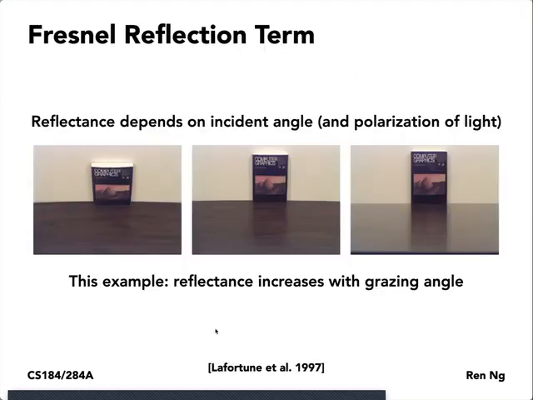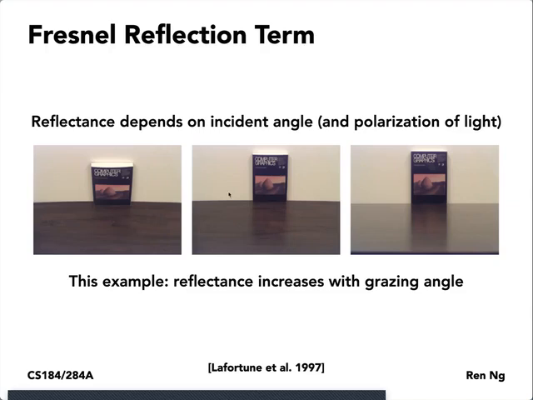Okay, I want to talk about the Fresnel term. The Fresnel term is really visually significant because it's a strong characteristic of the way a lot of natural materials reflect light. For example, if you take this scene here, here's some kind of glossy wood table. There's a book. All that's happening here is we're taking photos of it, first from pretty high up. Notice that you don't see the reflection of the white wall against the dark book very clearly in the wood.